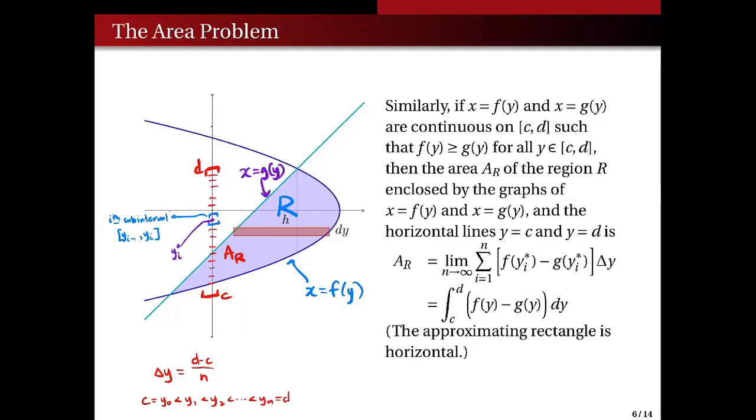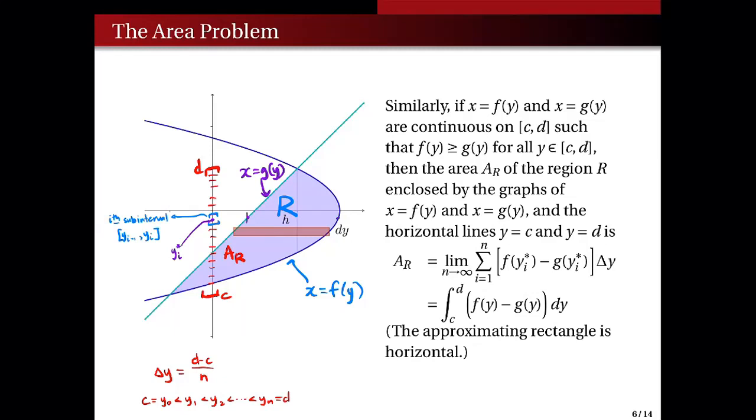On this ith subinterval, we choose some y sub i star, which is here, and then we evaluate the two functions, f and g, at this y sub i star. So we will have a point somewhere here and somewhere here.